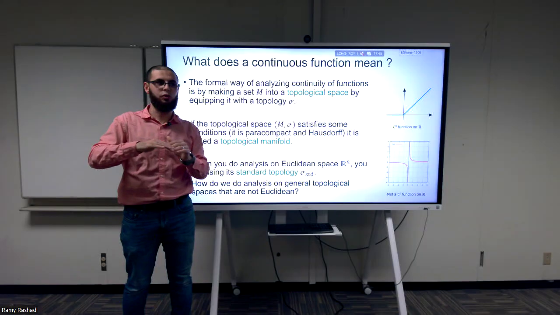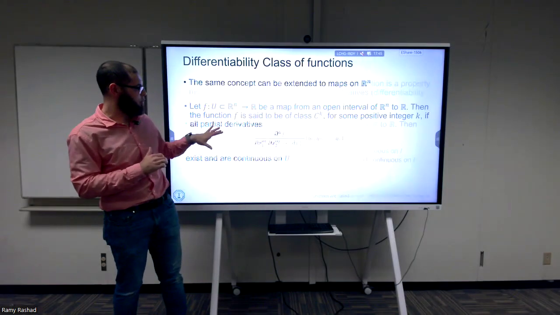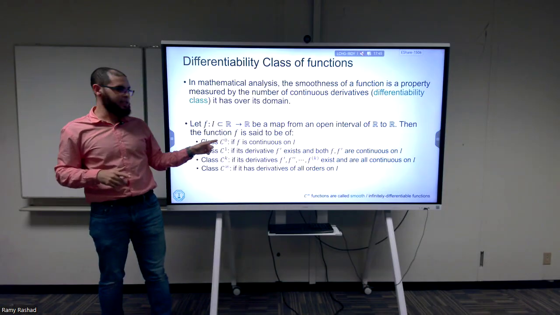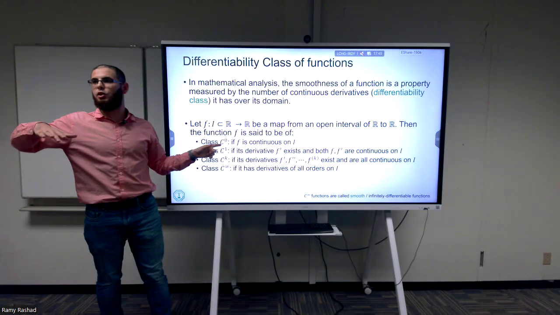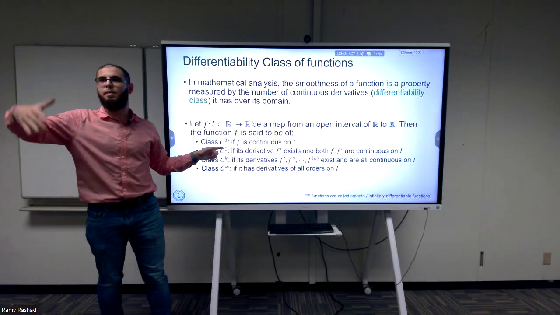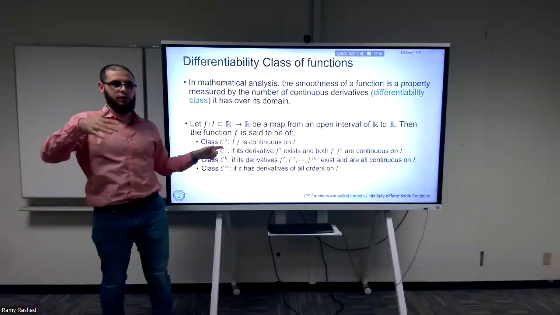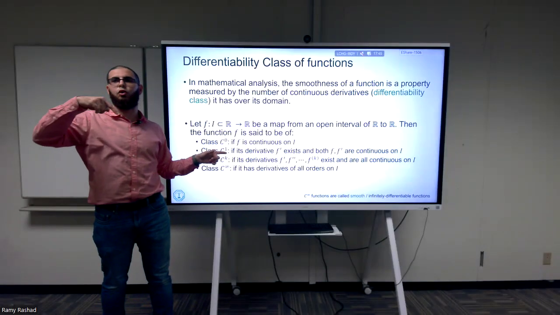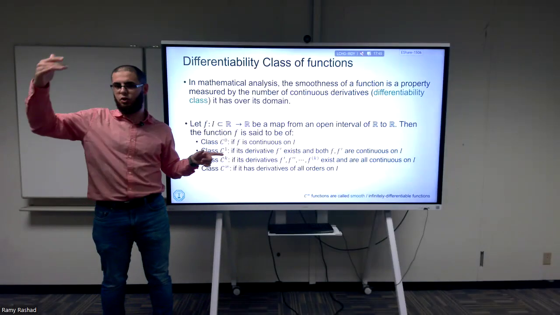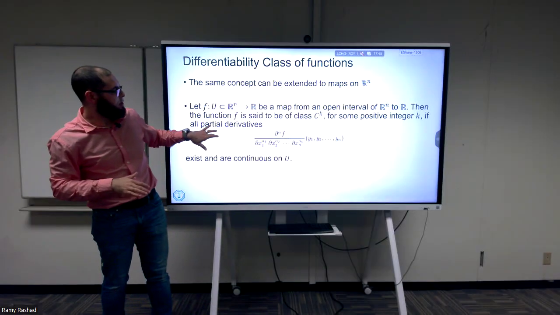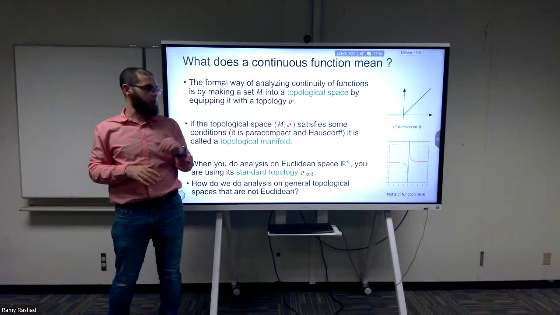And once we can talk about continuity of functions, from the definition we just gave, then we can talk about differentiability. So the C0 is the most basic level, which is continuity of functions on R. You can make this into continuity of functions on Rn. Then if you look at C1, you can look at continuity of functions and their derivatives, and so on until C infinity. So the most basic level is C0, and C0 you can do with what's known as a topology.